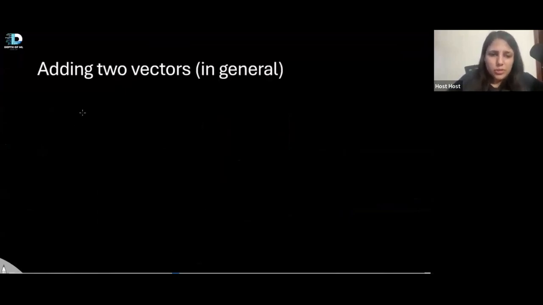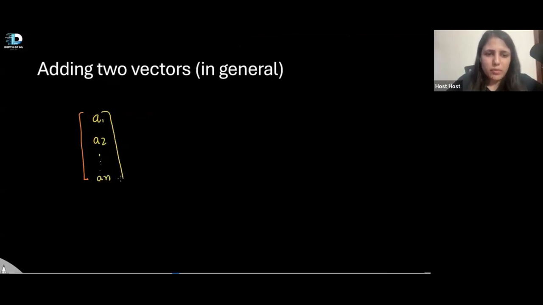In general, whatever vector I have, I will give it something generic. Suppose I have an n-dimensional vector a1, a2, up to an. This is my vector A, which belongs to R^n. I'm adding another vector to it, b1, b2, up to bn, which is also of the same dimension. You can't add vectors which are not of the same dimension.